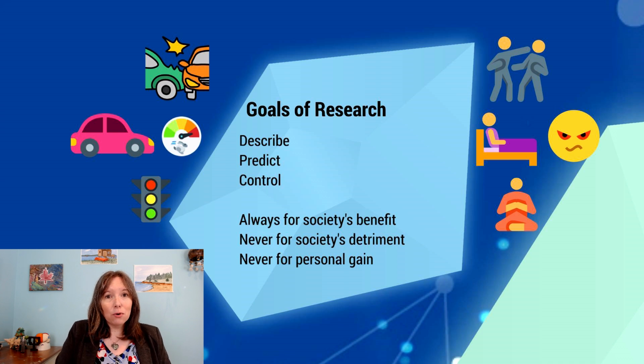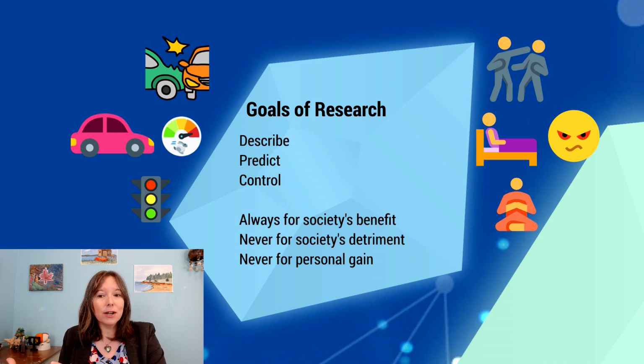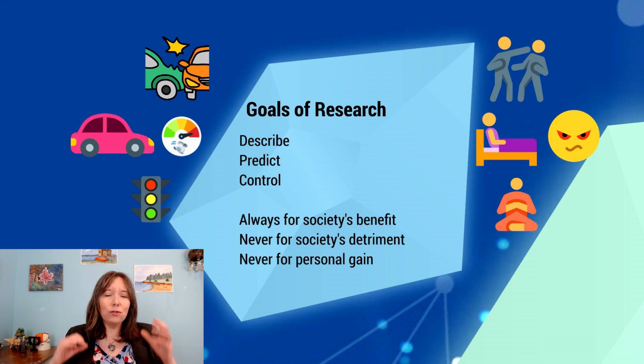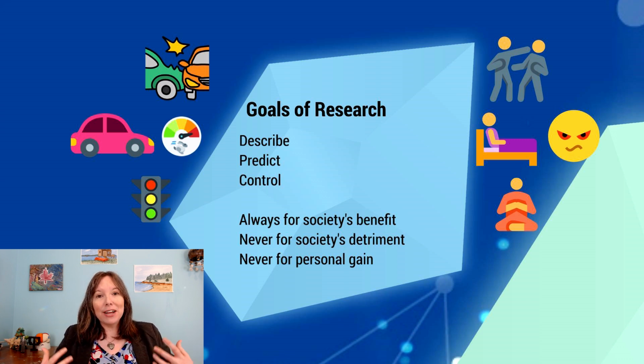Maybe people who are tired or more angry are more likely to get into physical altercations. Then we can move into the control stage, where we attempt to implement interventions through meditation, mindfulness, or therapy for those who get more run down or have trouble dealing with their emotions, in an attempt to reduce physical altercations with other people. So this is how we go through the describe, predict, and control stages to use science to benefit society. And it's not so much for individual researchers to benefit. It's thinking about everyone altogether.